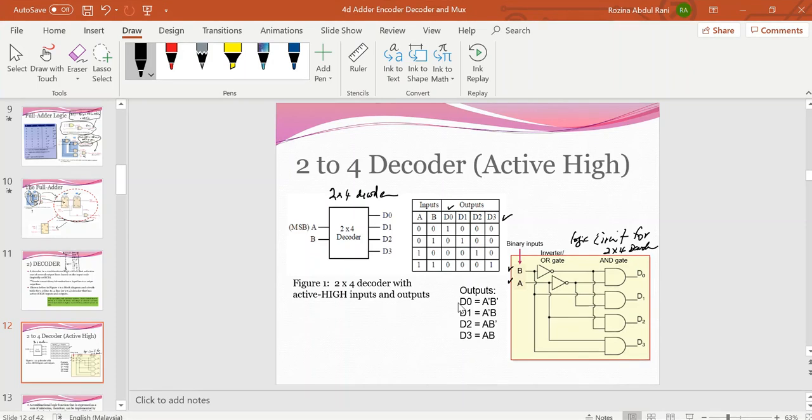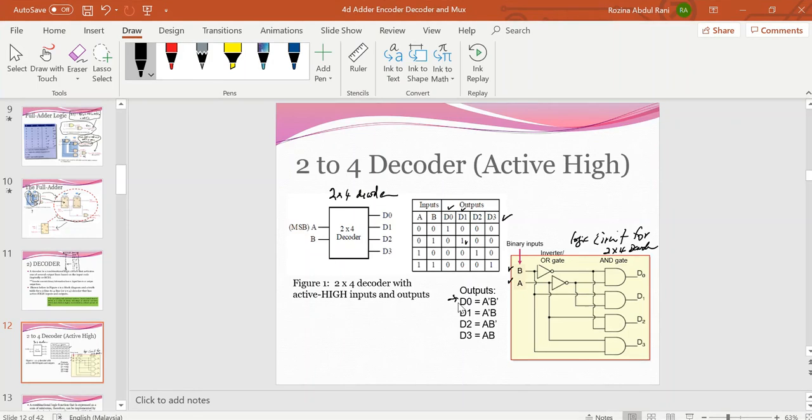So the Boolean function for output D0 is equal to A bar B bar. And for output D1, only this condition gives output 1.